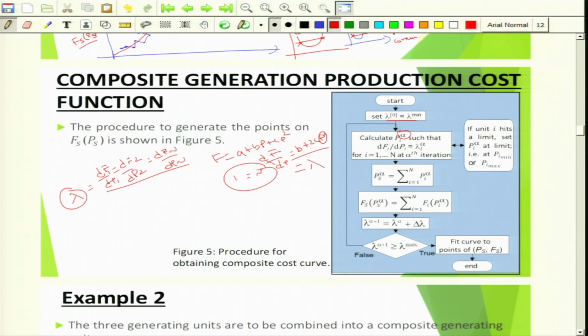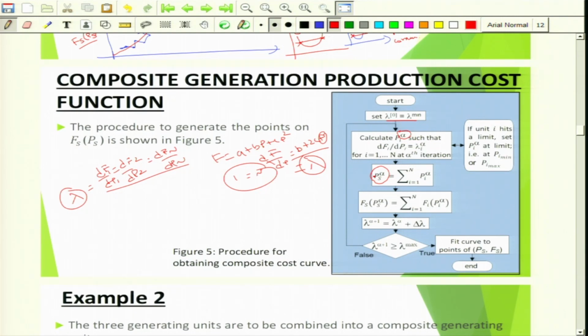Now you obtain p, because lambda you have assumed, and you obtain the value of p for that particular iteration for all the generators, and then you sum up the total generators value whatever you are getting, and that is a composite total power output.